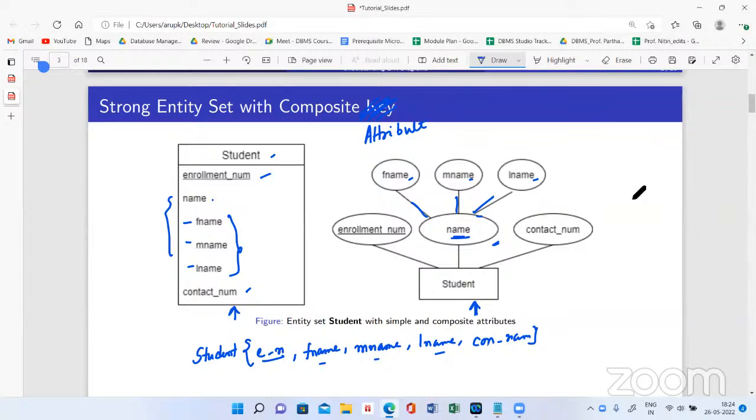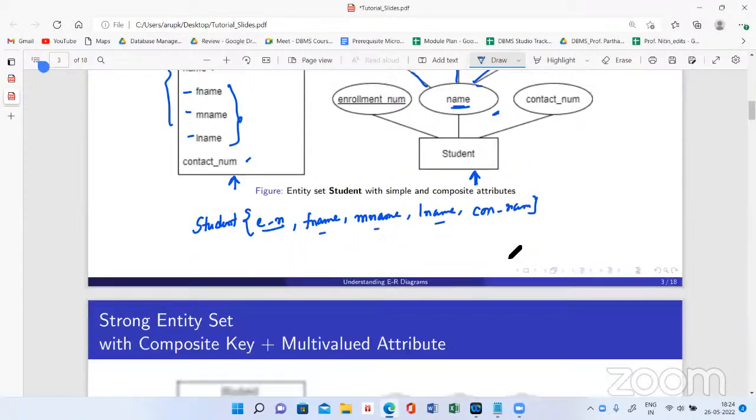Don't you think every time you want to query the name, you need to do a join, which is an extra effort? Rather, you can take just the F name, M name, and L name, and if required, do the concatenation at the application level. That's the easier thing. Getting my point? Yeah, makes sense.